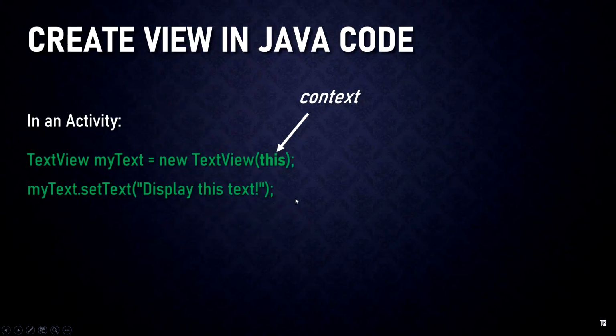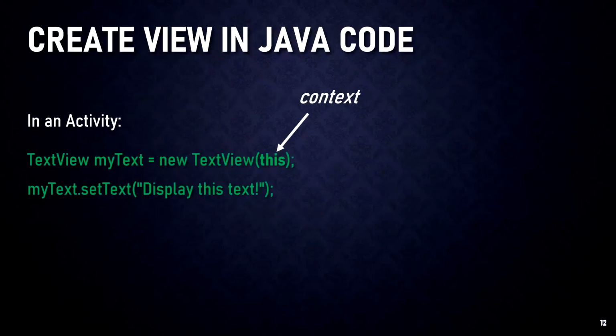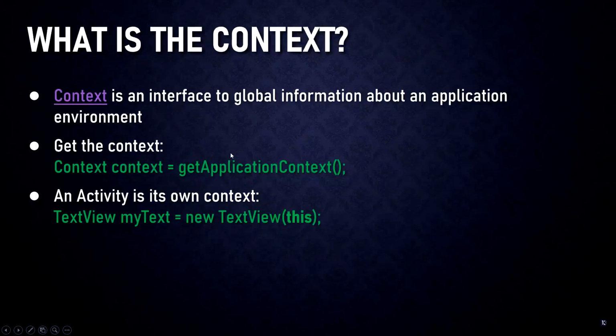So here you can see this keyword is the context for this activity. So what does context mean? Context is an interface to global information about the application environment. It specifies the scope of this object, maybe that specific activity or the whole application. There are two ways to get a context in your Android Java.